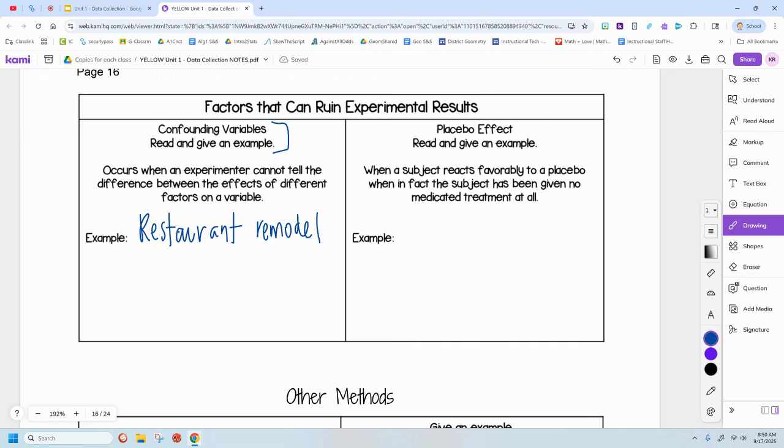So what happens if there happened to be maybe road construction that blocked the way that people normally get there, right? Maybe there was some sort of a festival that drew people away.